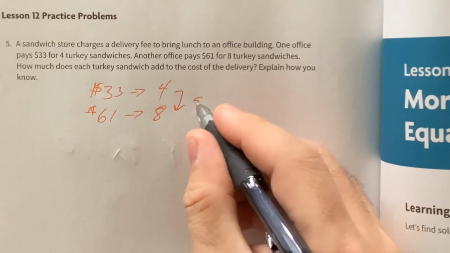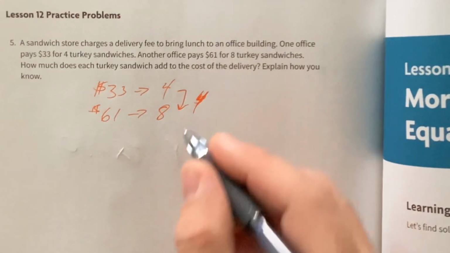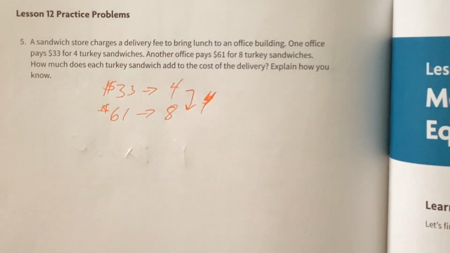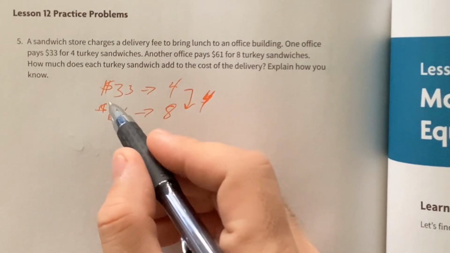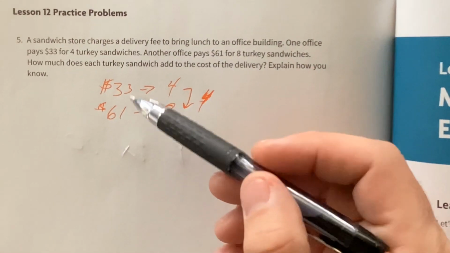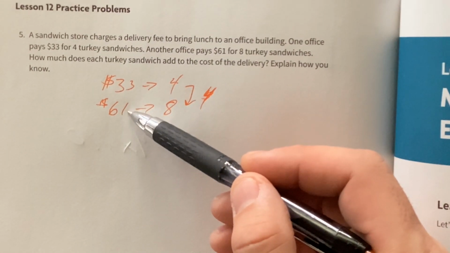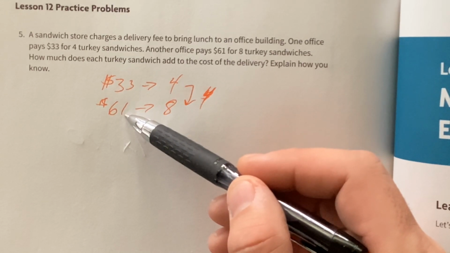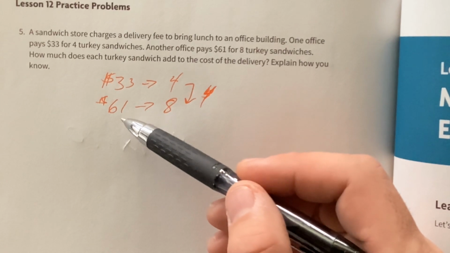So these 4 sandwiches increase my price how much? Went from 33 to 61. How much did it go up? How much? 29? That's more than $20. You're close, but it's not 29.